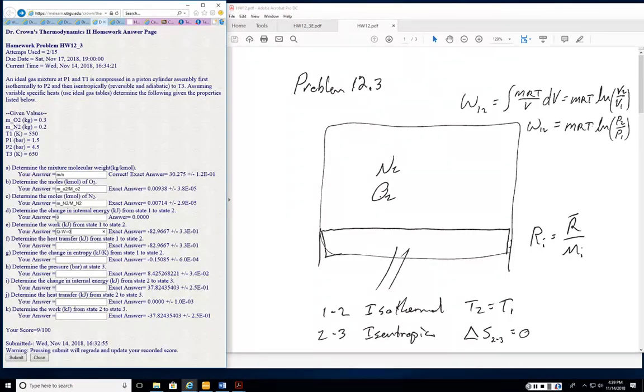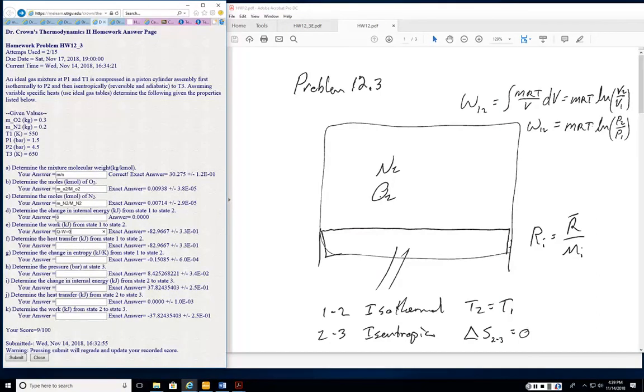V2 over V1 would equal P2 over P1 because m, R, and T are all constants, so they would cancel. There's not a T1 and a T2 in this case. So I can replace that. The only difference is they will be inverted. I'm not sure why I have that. So this should be a negative. One would be a positive, one would be a negative if I flip the P1 and the P2.